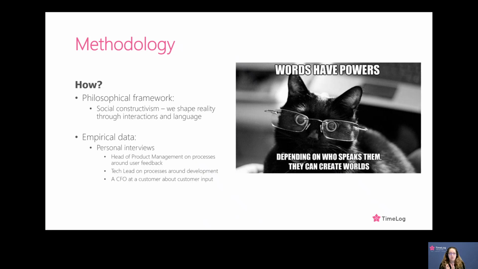I did some personal interviews to find more information about processes, how we did things in the past, what we do now, what the plans for the future are. I also talked to a customer to get the other side of the story, you can say, and some different perspectives. And of course, I included a lot of academic research articles in my thesis.